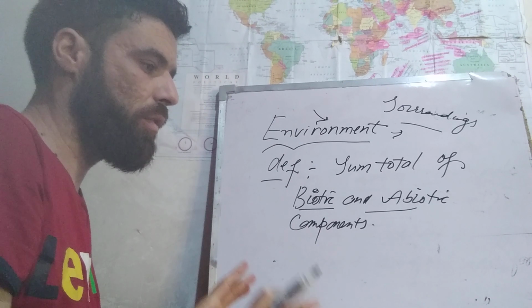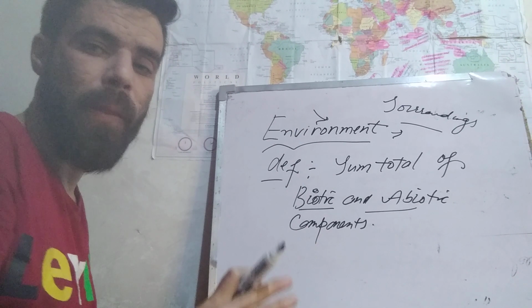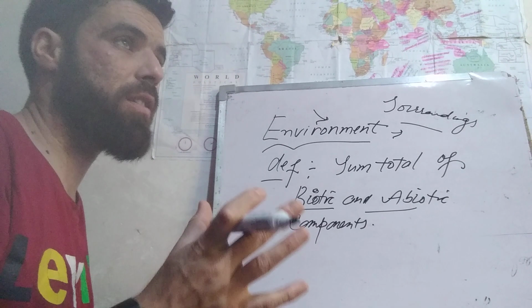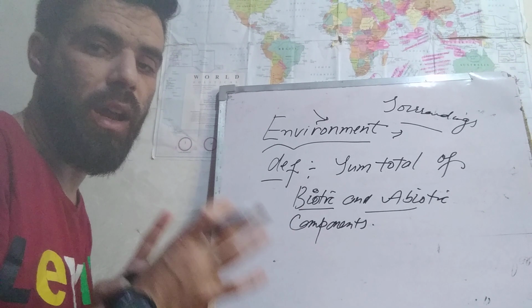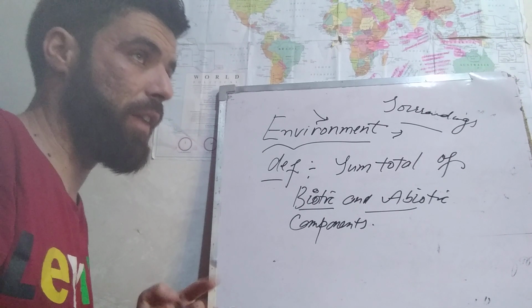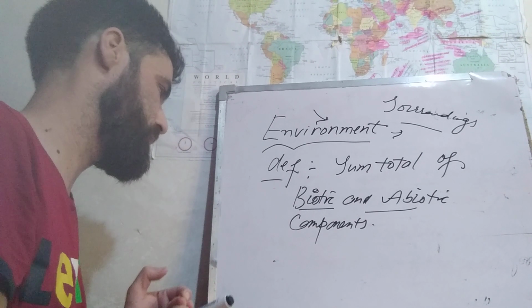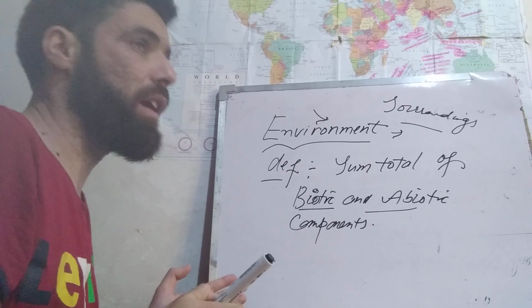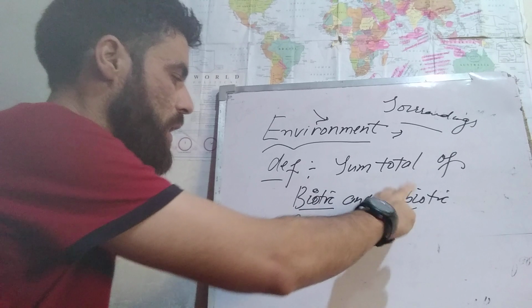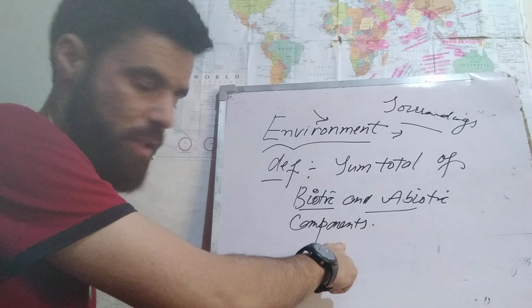Whenever we take a look at a place where we live, we come across many things. There are living as well as non-living things in our environment. These living and non-living things comprise biotic and abiotic components.